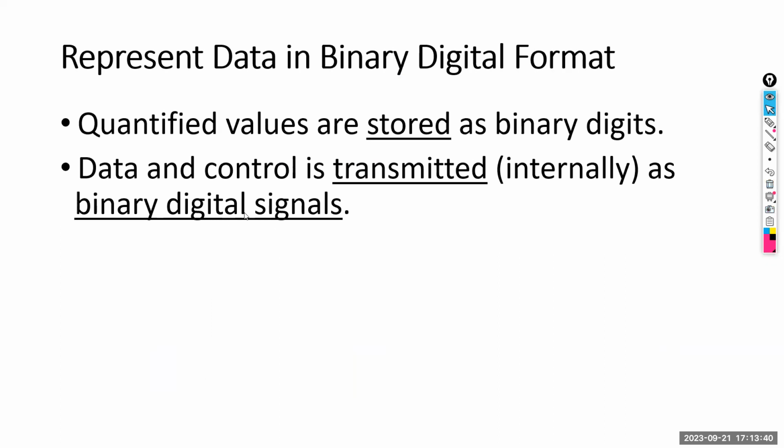Right. So therefore, in the computer, all our data is quantified into binary, and we store it in binary, we transmit in binary, and we process in binary. Binary means that at processing, we don't say 0, 1, we say true, false. Or if you want, you can still say 0, 1.